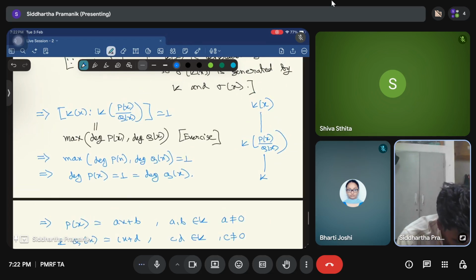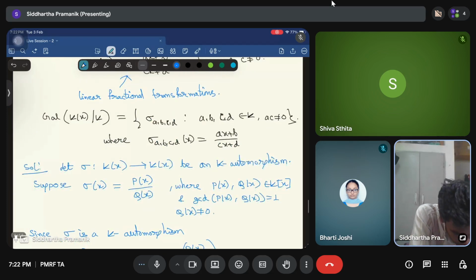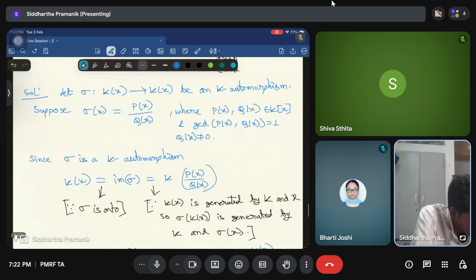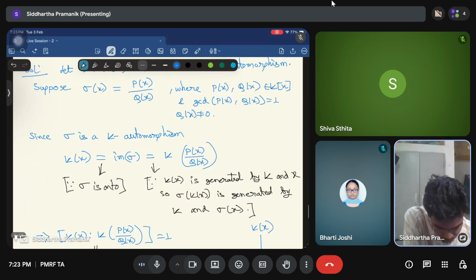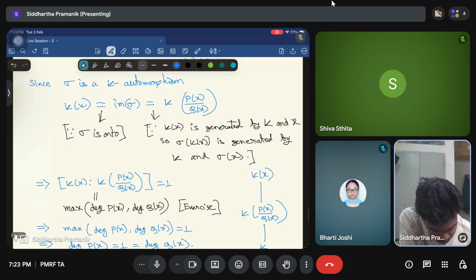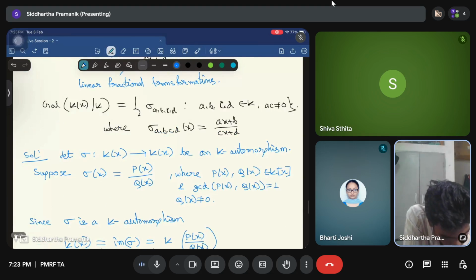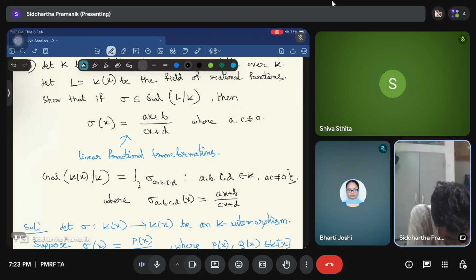And we also have one more condition. So here ad minus bc has to be non-zero.